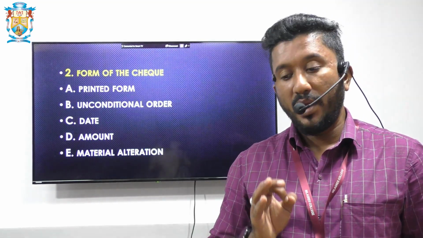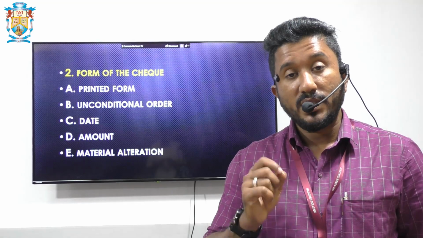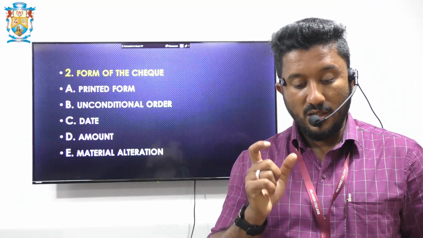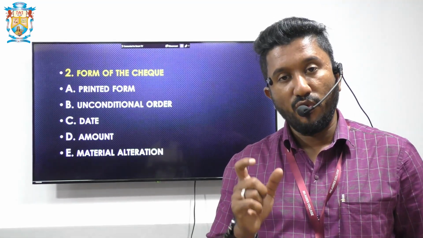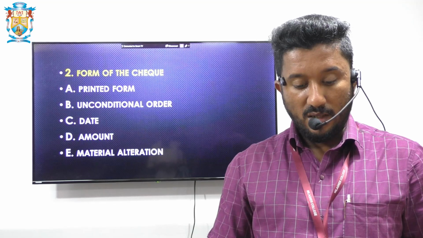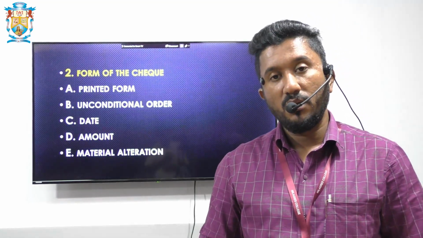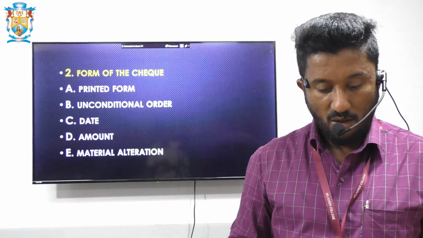When the customers make an alteration with full signature confirmation, alteration requires drawer confirmation, and with the full signature, then only they can accept and pay to the customer. Otherwise, they cannot pay to the customers. Without any objection, they can honor.